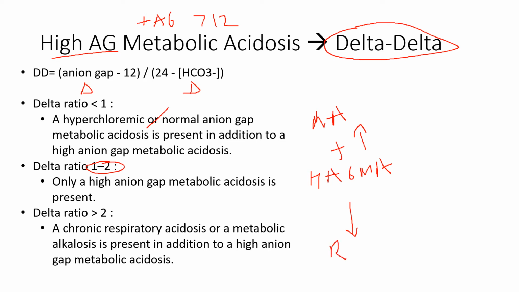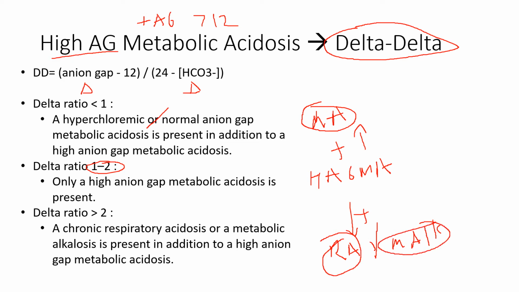Either you have an additional respiratory acidosis or a metabolic alkalosis in addition to your HAGMA. So okay? So either we're adding a metabolic acidosis or a respiratory acidosis or metabolic alkalosis to our HAGMA if our delta-delta is not between 1 to 2.